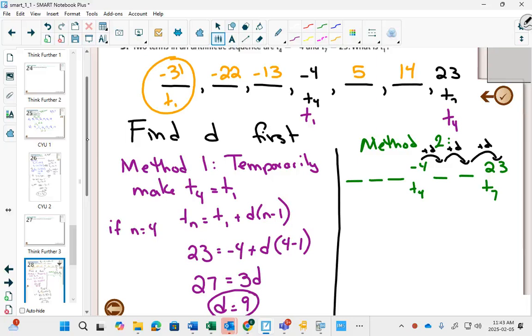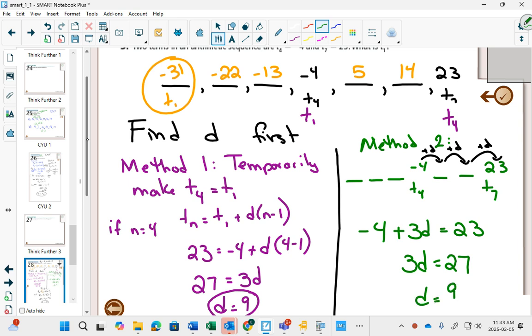So how can I write an equation with that? Well, that means if I start with -4 and I add D 3 times, what will I get to? I will get to 23. So this is using logic, no formulas. Some people don't like this because they're like, I have a formula, I want to use it. Okay? In this case, we need to solve for D, so I move the 4 over.